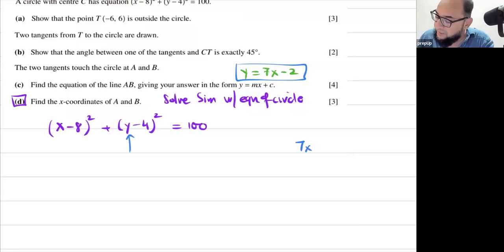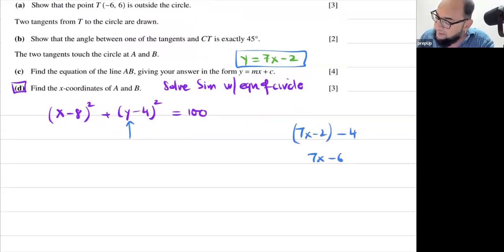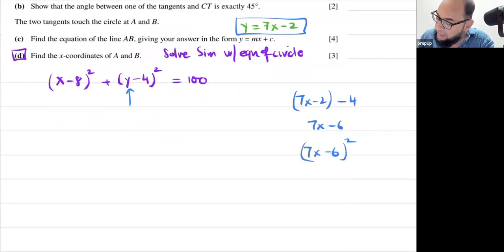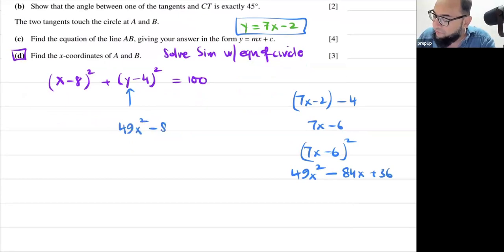Let me do it on the side. 7x minus 2 minus 4, that is 7x minus 6. 7x minus 6 whole squared, that is 49x squared, 7 into 6 is 42, 84x, actually negative 84x plus 36. So this is 49x squared minus 84x plus 36. And then we have the 100.